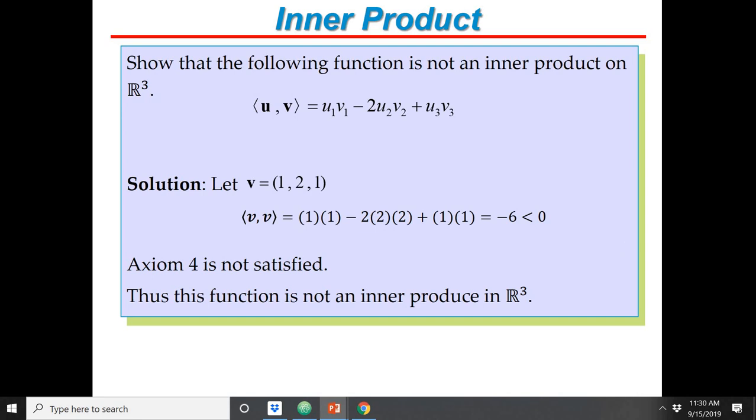It's like saying the magnitude of this vector, which we have not defined yet, but we referred to in lecture 1 or 2 as being the square root of this inner product. Obviously, if this number is negative, we're in trouble, so this is not a valid inner product.